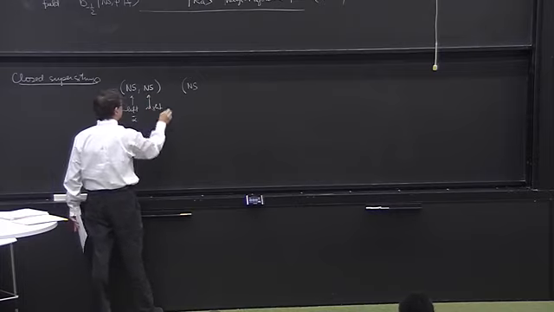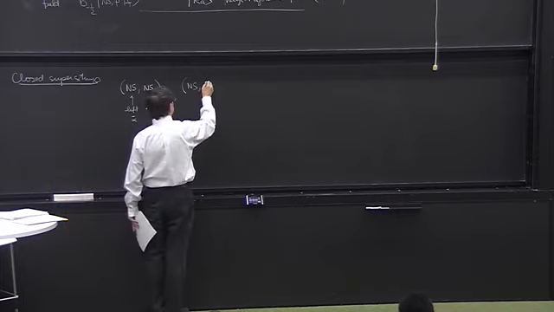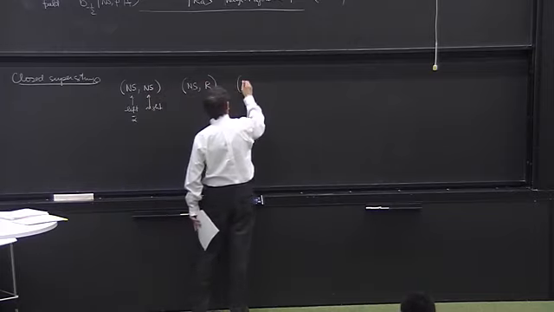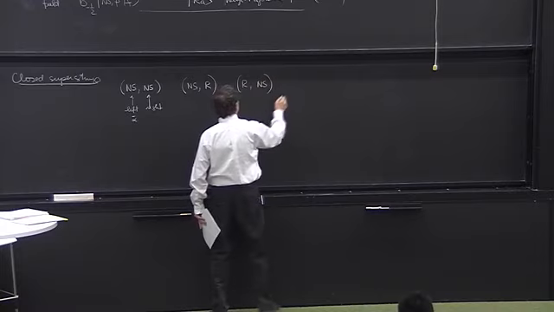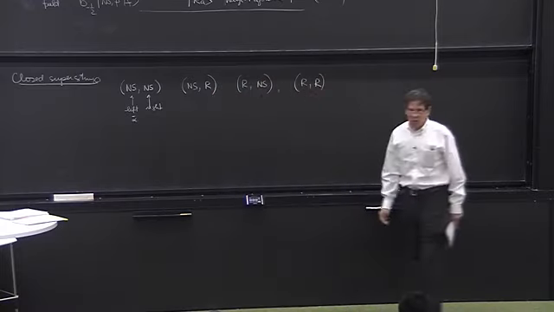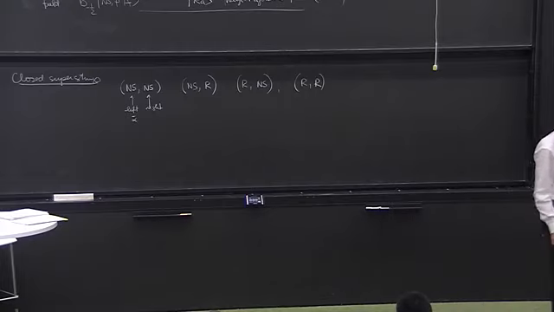That's, of course, convention again. You could put NS and you can put a Ramond here. You can put Ramond and you can put NS. Or you can put Ramond and you can put Ramond. So closed superstrings have 4 sectors. Two open superstrings have 2 sectors, but closed superstrings have 4.